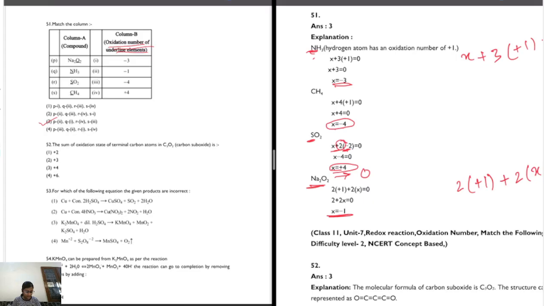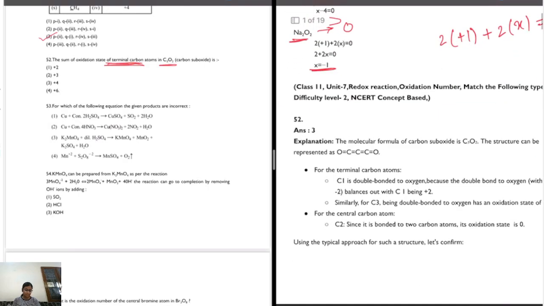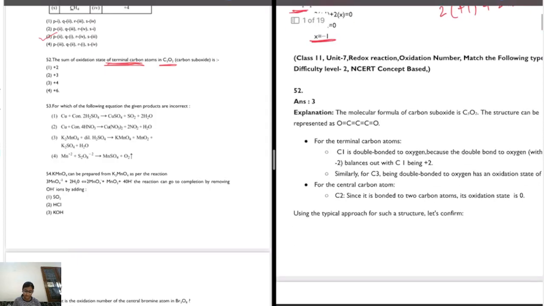Now, in the next question, we have the sum of the oxidation states of terminal carbon. Terminal carbon is required in C3O2, that is carbon suboxide. What is the structure of C3O2 first? So its structure is like this, which is the terminal atom.